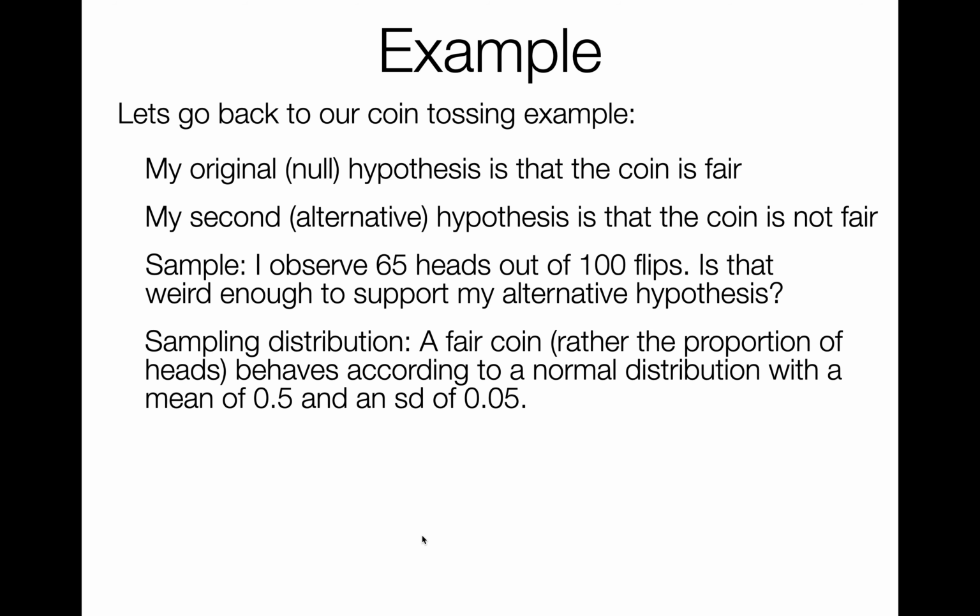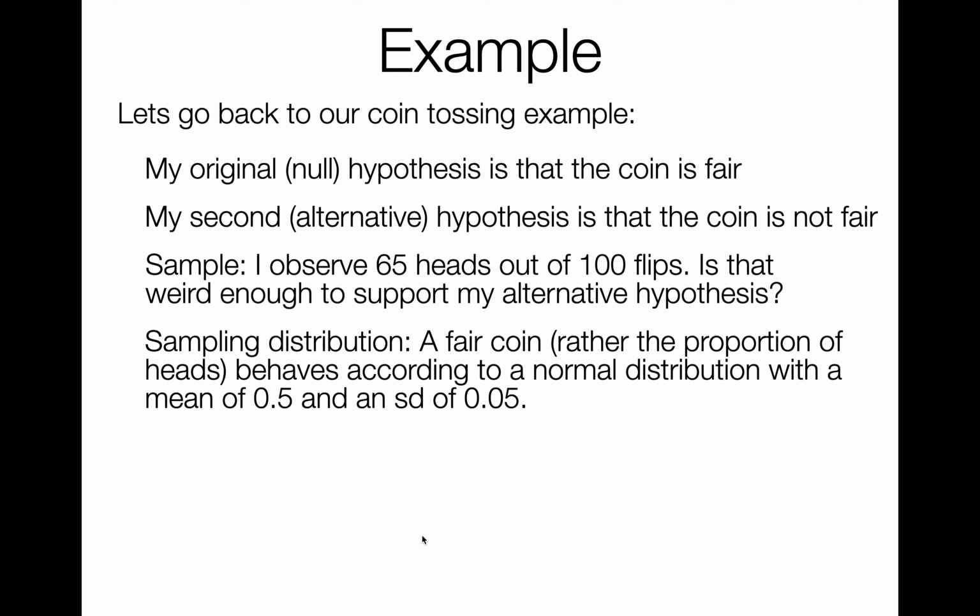So what I need to do is understand how a fair coin behaves. We saw that a few slides ago. The proportion of heads of a fair coin behaves according to a normal distribution with a mean of 0.5 and a standard deviation of 0.05.